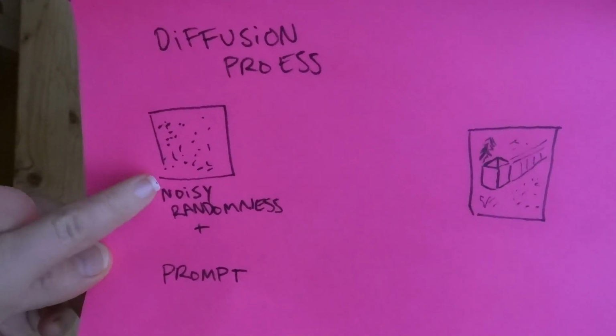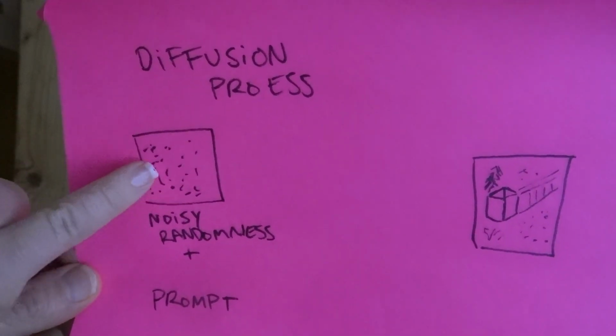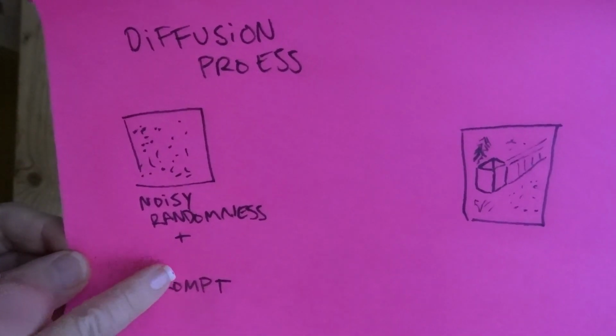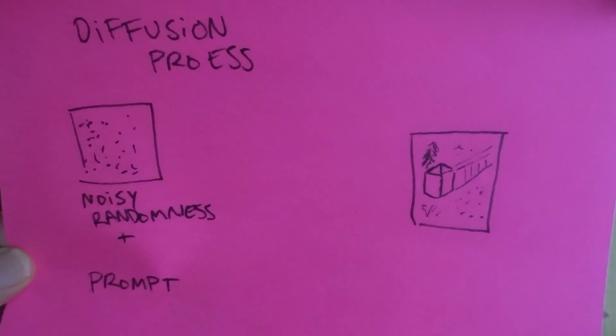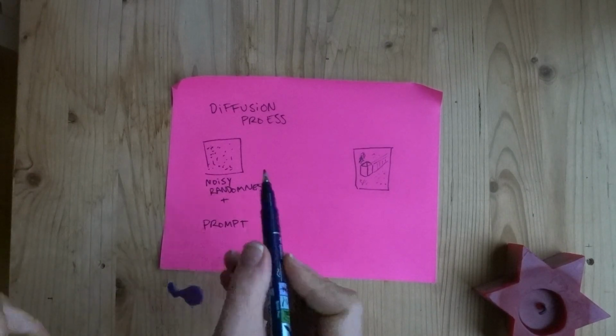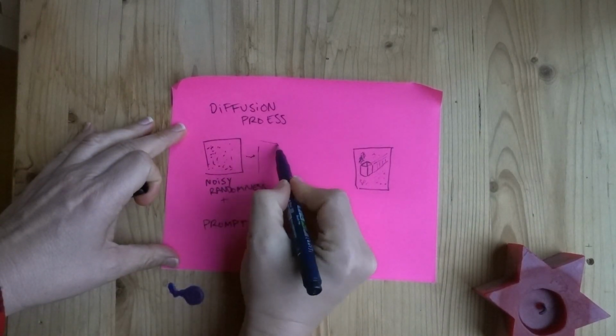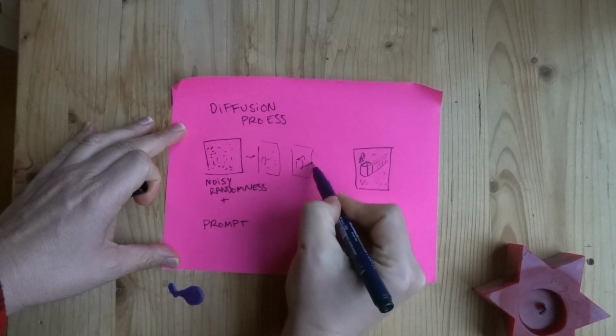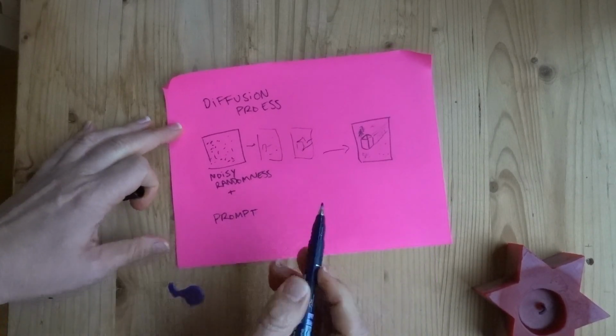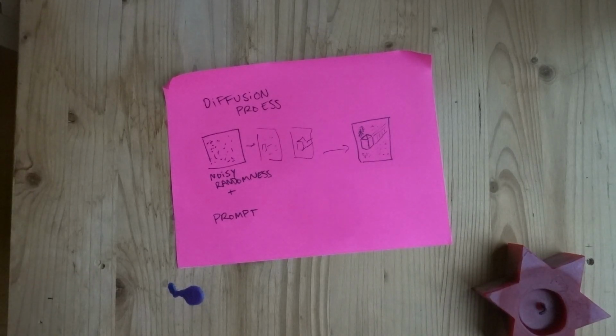With a diffusion model, we take noisy randomness and a prompt, and then we try to output an image that best represents the prompt over time. And in the process, we're getting less noisy each time until we get to some sort of end point.